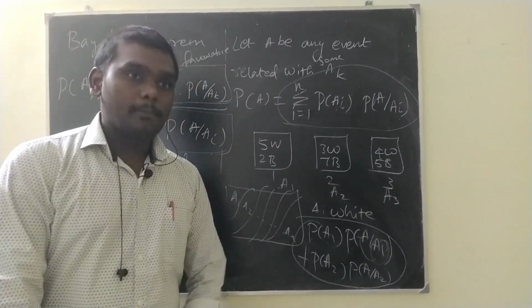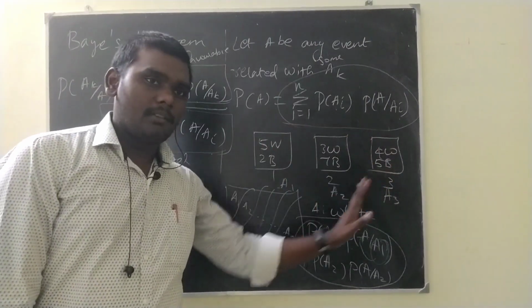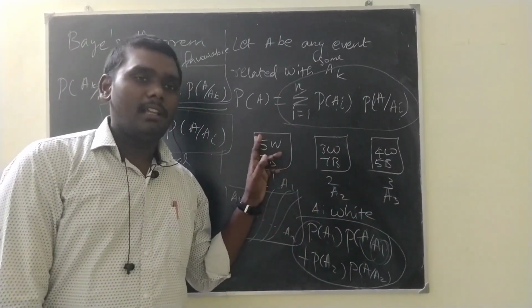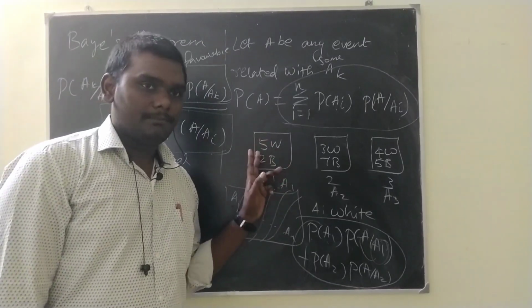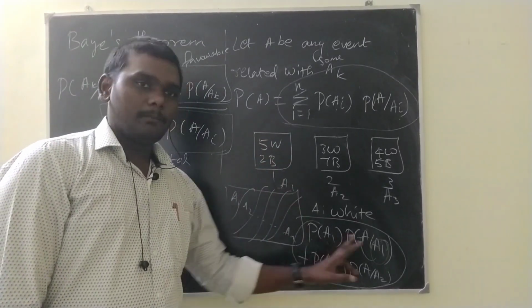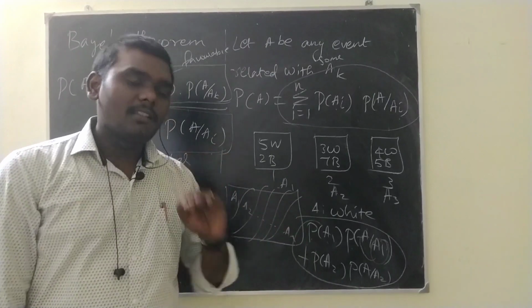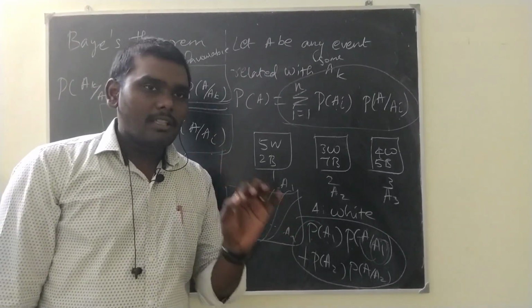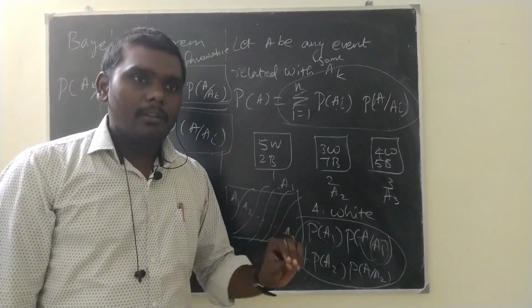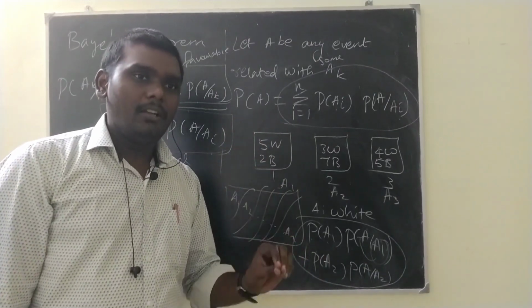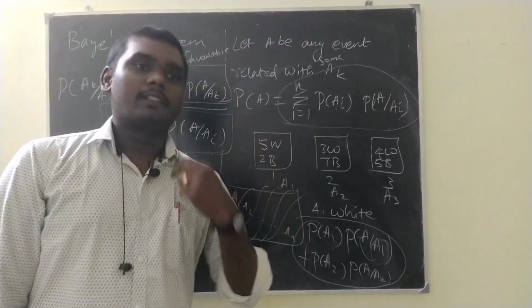Now let me explain with this example itself. Previously we calculated the probability of getting a white ball. That is P of A, total probability. Suppose in the question itself they asked, what is the probability of getting a white ball from the second box?